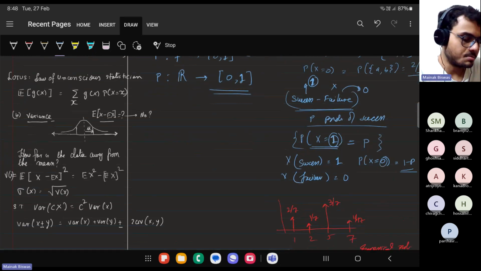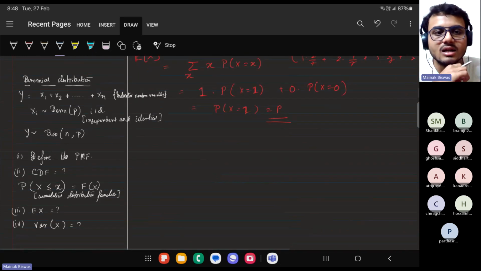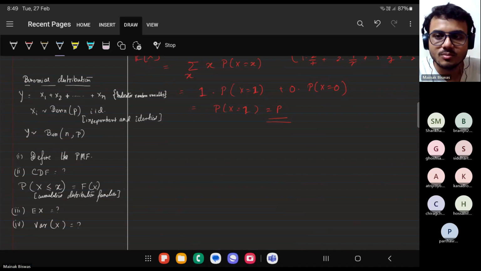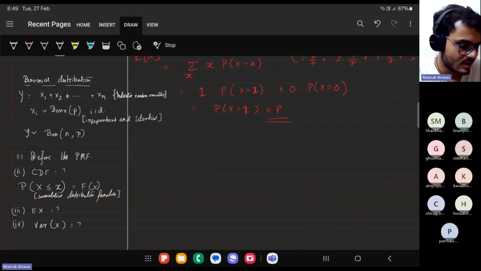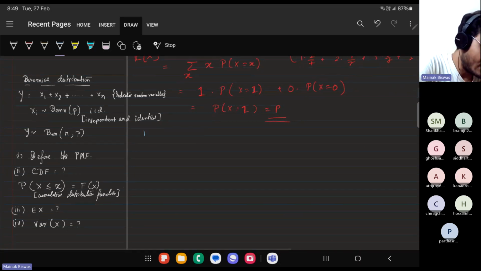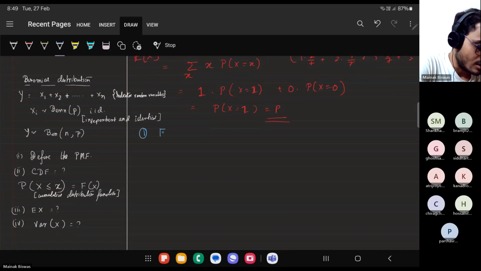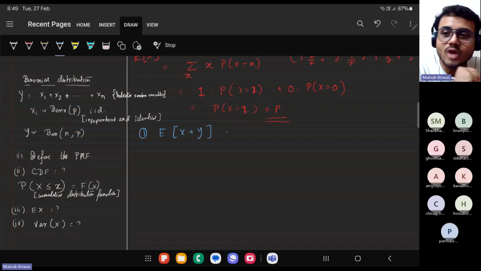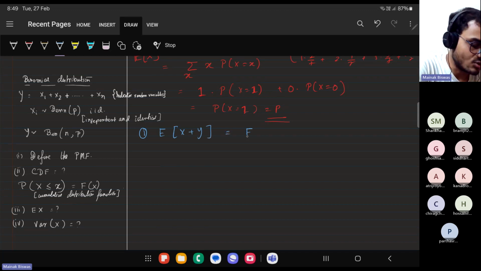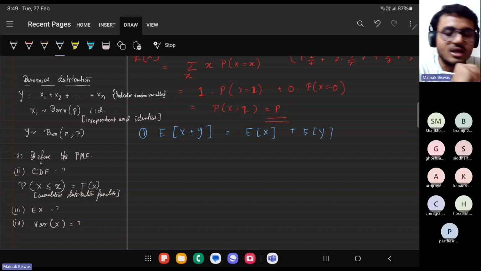Now I'll tell you two properties of these expectations, and then we can go to more complicated distributions. One very important property is known as linearity. If you have two random variables X and Y, the expected value of the sum is equal to the sum of the expected values of each separately.